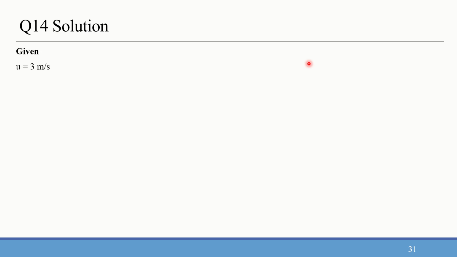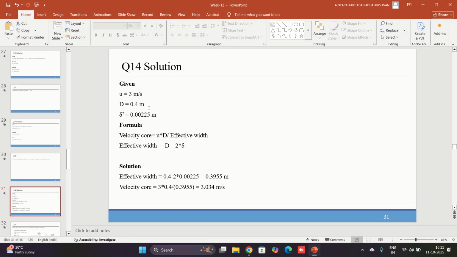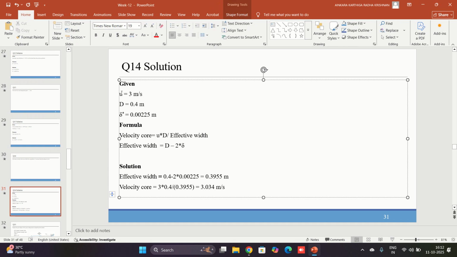First, let us write the given velocity is 3 meters per second. And what is d? It is not d actually. Velocity is meter per second.